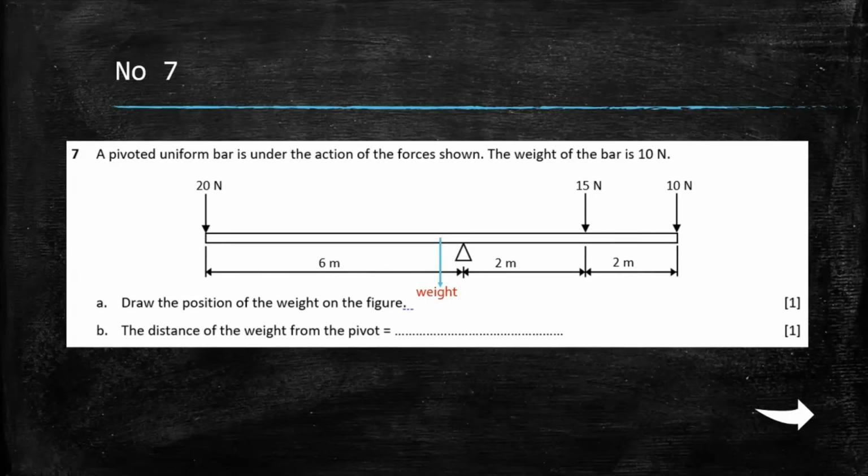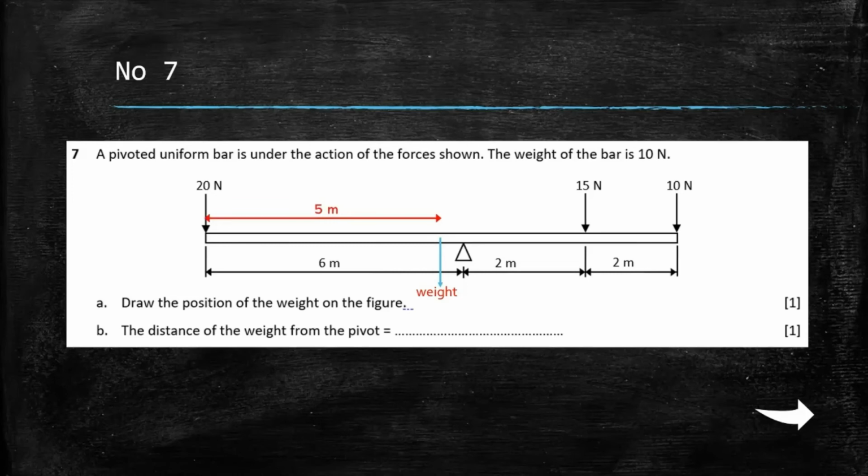Number 7b, the distance of the weight from the pivot. The position of the weight is right on the middle of the uniform bar. This means that the distance of the weight from both ends of the bar is 5 meters.